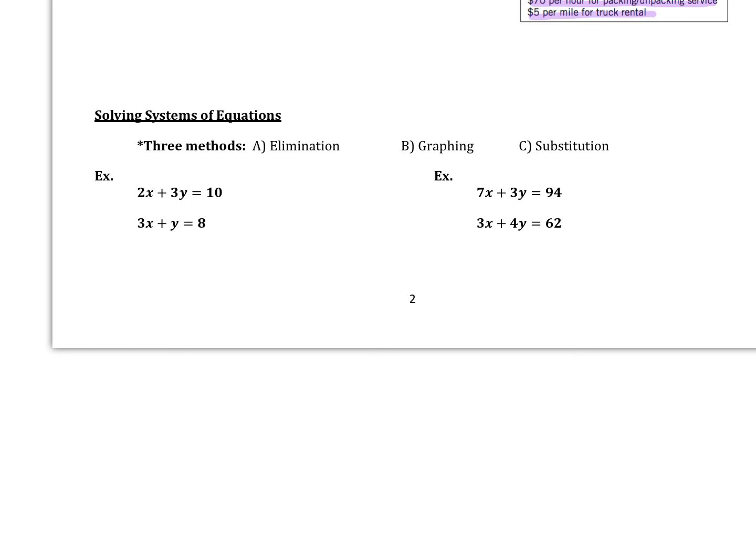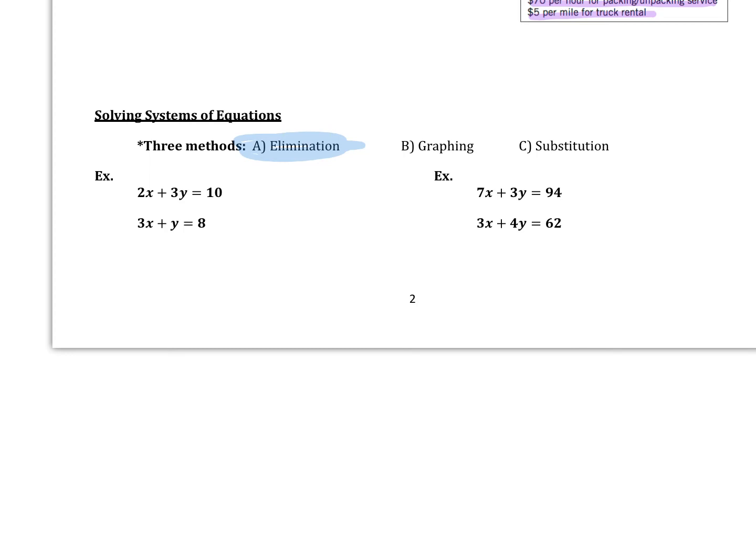If we're solving systems of equations, remember there are 3 different ways to solve: elimination, graphing, and substitution. Are we going to want to graph these? No, probably not. In general, the easiest way to solve these problems is through elimination.